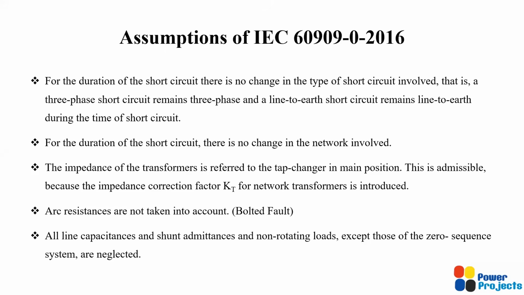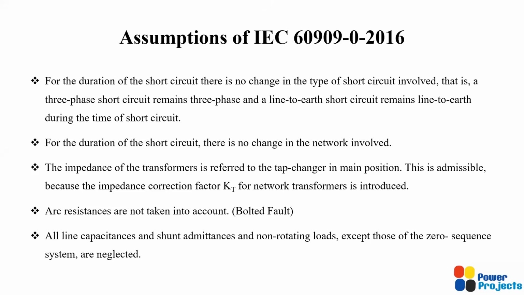But anyway, if you're using some simulation software, then probably you can simulate with the inclusion of this arc resistance or arc impedance. And the last most important assumption: all line capacitances, shunt admittances, and non-rotating loads such as lights, etc., are excluded except for their zero sequence.